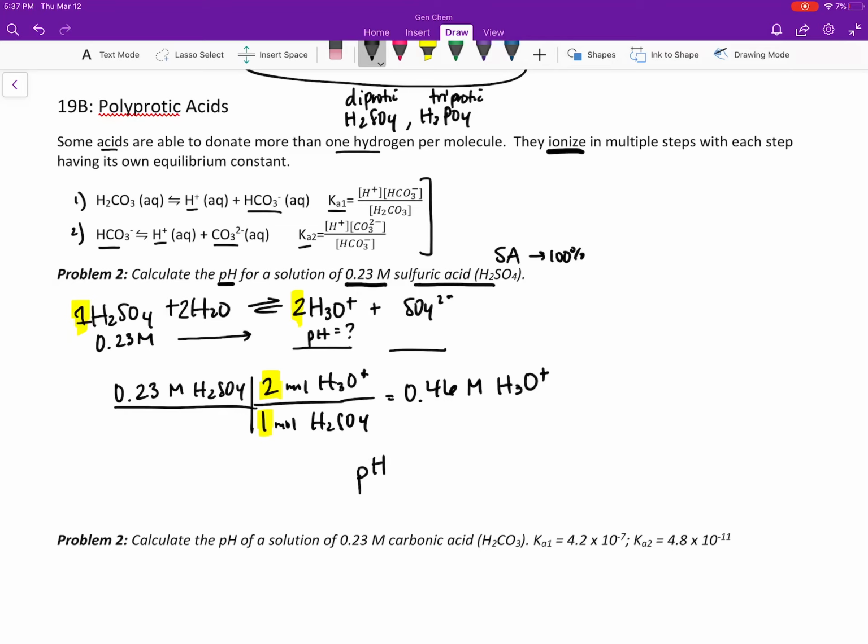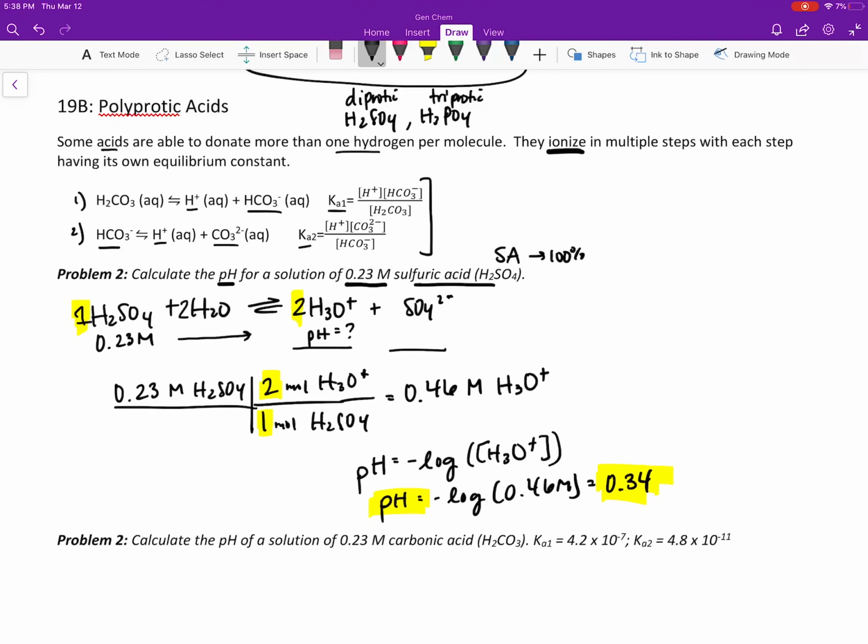And then to solve for pH, I'm going to plug it in to pH is equal to the negative log of the concentration of hydronium, which is 0.46 molar. And when I solve for that, I should get a pH of 0.34. Okay.